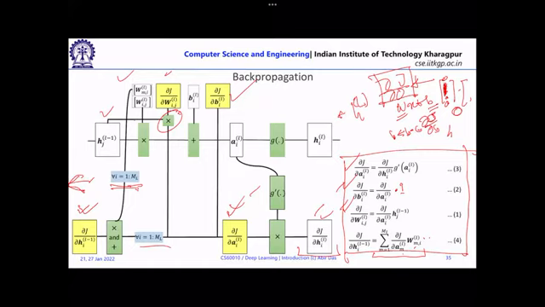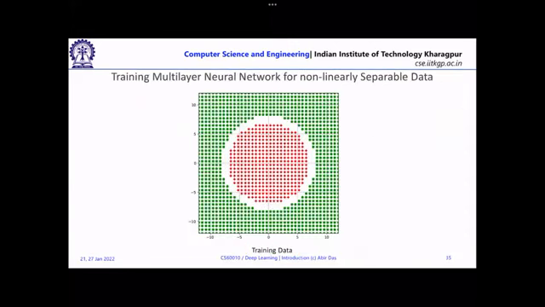This is just an illustration of employing a hidden-layer, multi-layer neural network to classify data which is not linearly separable, a binary class training dataset.